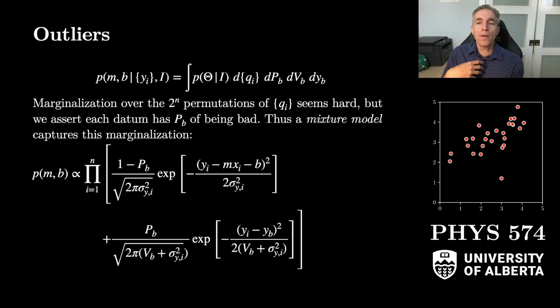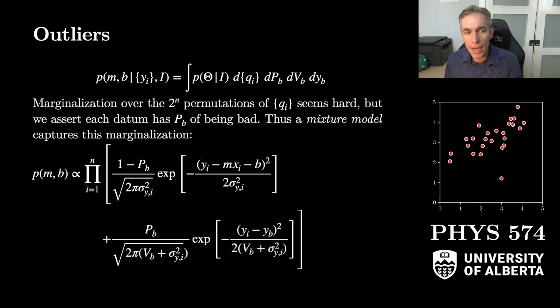Now, the way we framed this with the Bernoulli distribution means that when we integrate over all of these Q_i and these probabilities, we essentially end up with every point having some probability of being good or bad. If we condition on a single datum and carry out the integral, some of the time the indicator variable is good, some of the time it is bad, but that is multiplied by the likelihood of that point being drawn from the two different distributions.